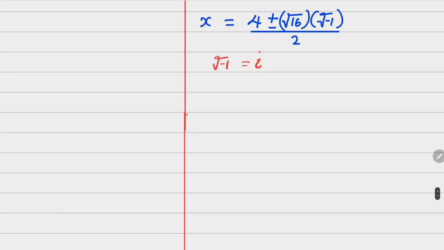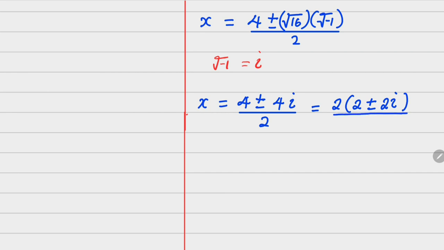That is exactly what it means. So x is equal to 4 plus or minus 4i, because root of 16 is 4, all over 2. I can factorize 2 out so that I can cancel the 2 at the denominator. So I'm going to have 2 plus or minus 2i, over 2, so that this cancels this out. So my x will now be equal to 2 plus or minus 2i.